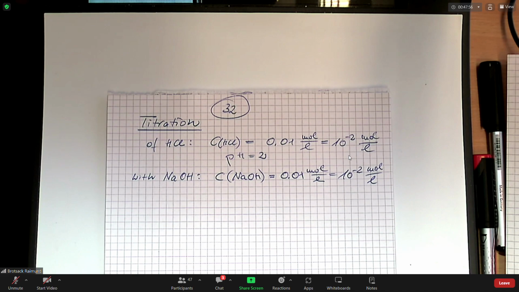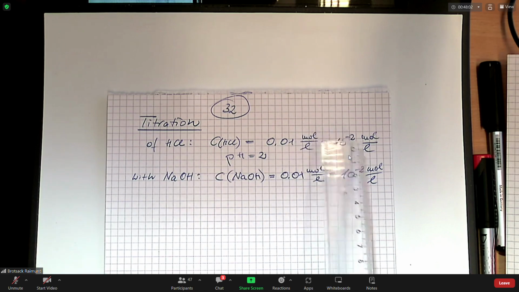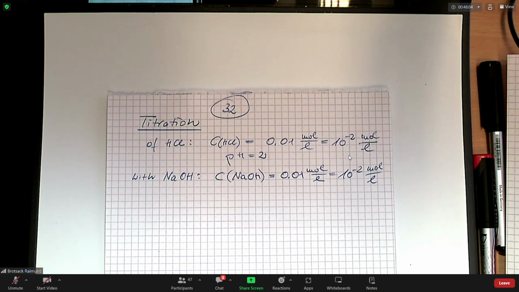Now, of course, the second question is relevant. Beside the concentration, what is relevant when we'd like to think about how many protons or how many hydroxide ions we have? The volume.